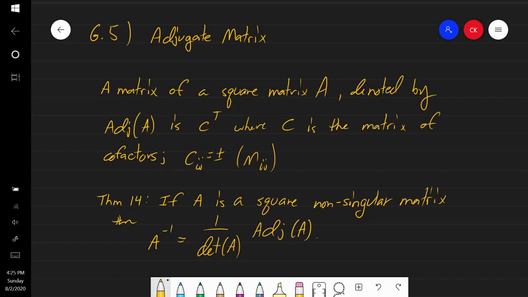This should remind us a little bit of the shortcut we developed for a 2x2 determinant. What this tells us is that we can expand that idea to any size matrix. I think the practicality here, though, is not always what we would hope.